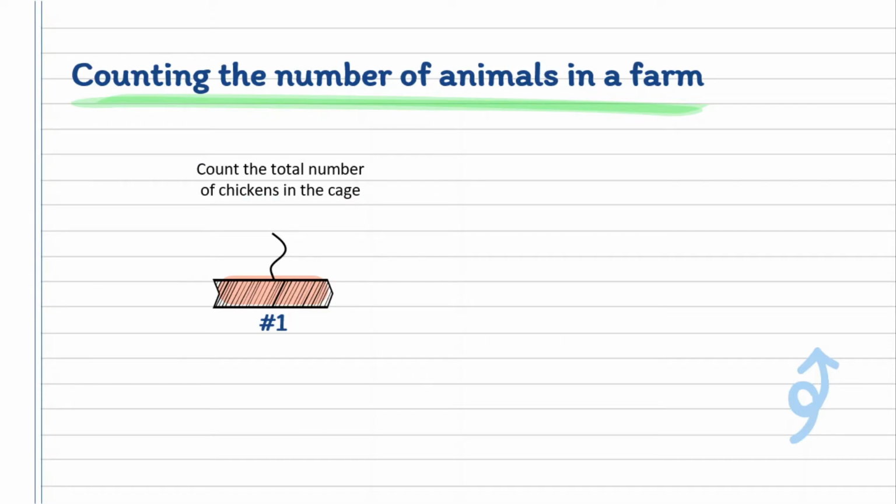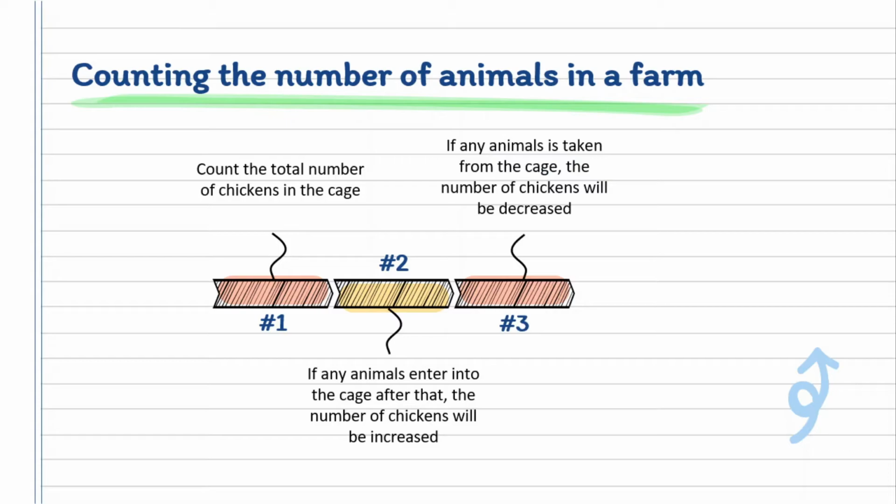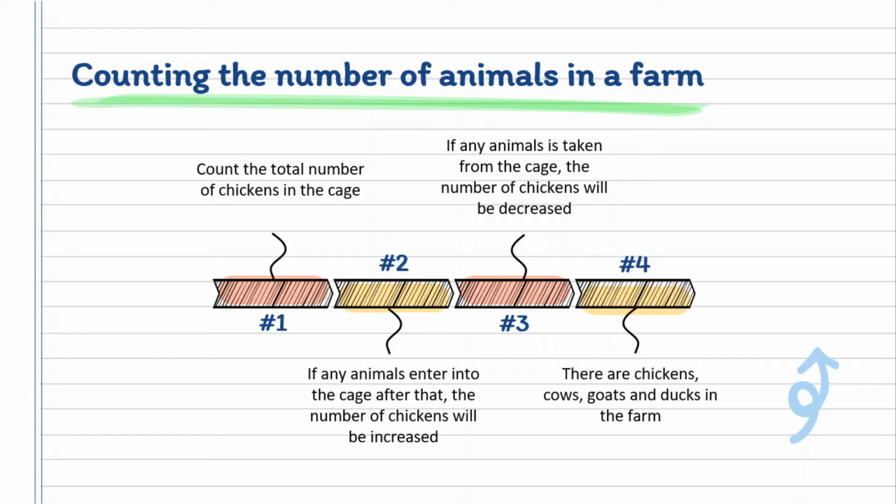And the second, if any animals enter into the cage after that, the number of chicken will be increased. But if any animal is taken from the cage, the number of chicken will be decreased. There are chickens, cows, goats, and ducks in the farm. So we need to repeat the three steps before to count different animals.